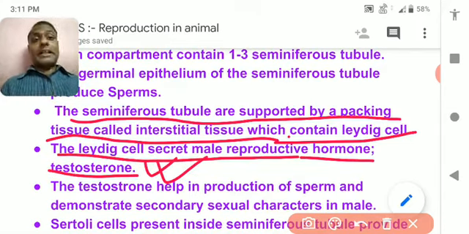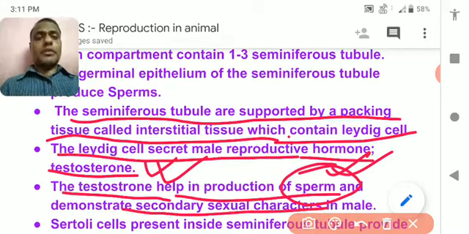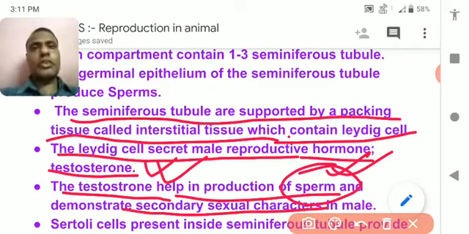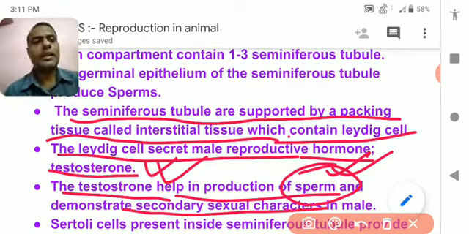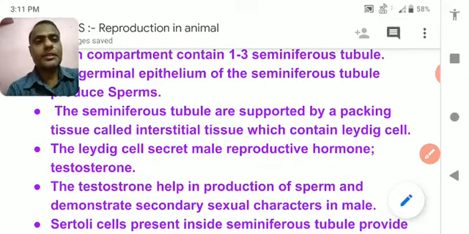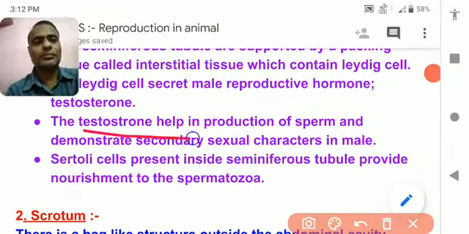Very important: testosterone helps in the production of sperm and also helps to produce the secondary sexual characters in males. All those secondary sexual characters in the male are produced by the hormone called testosterone.